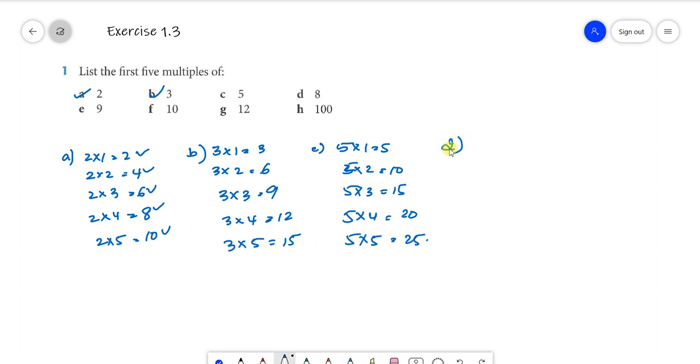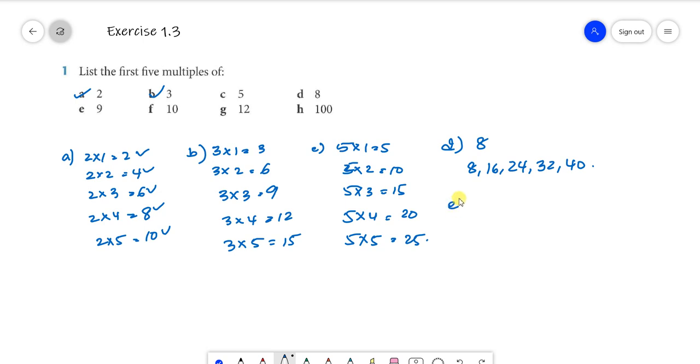Okay, D, 8. So I'm just gonna directly write the tables. So 8 1s are 8, 8 2s are 16, 8 3s are 24, and then 8 4s are 32, 8 5s are 40.